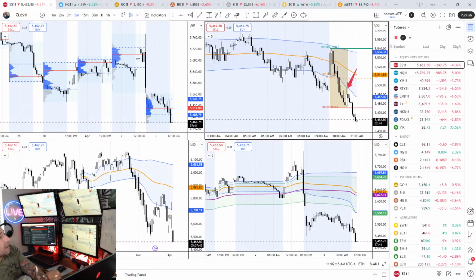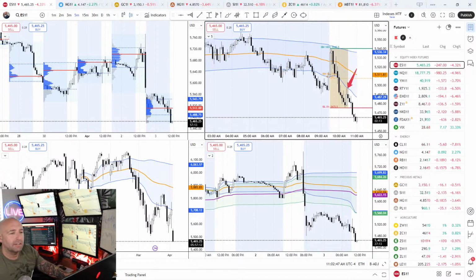No real buyers in copper yet. We have a couple buyers in the Russell.